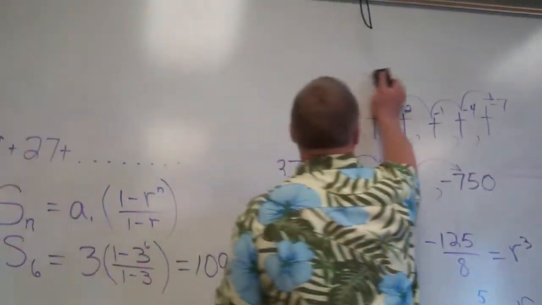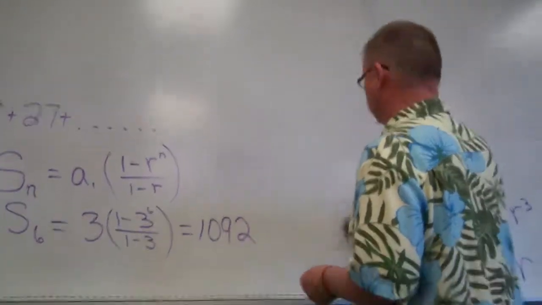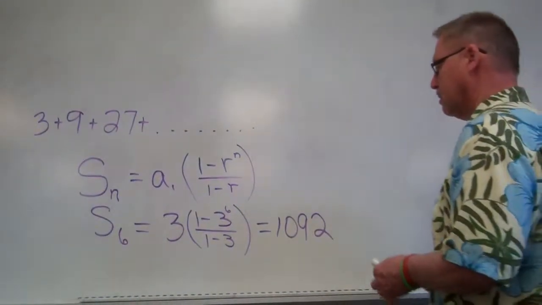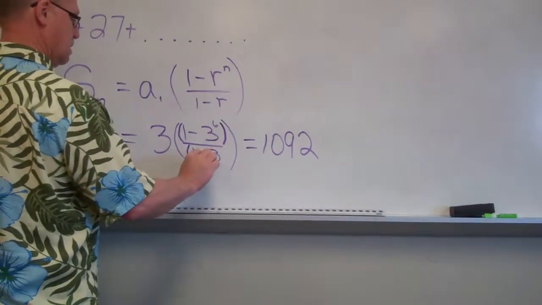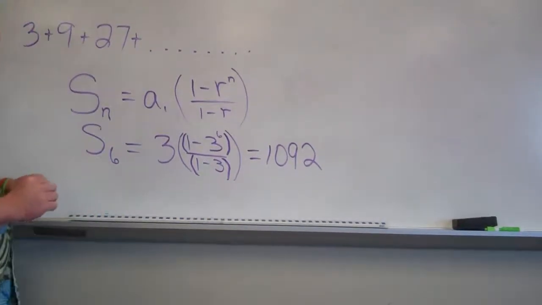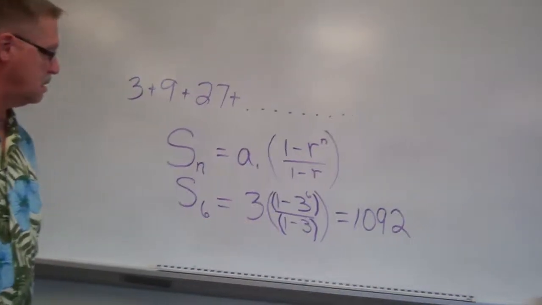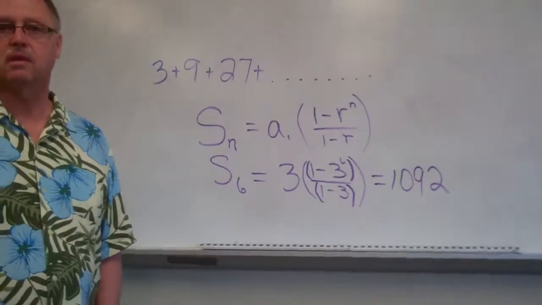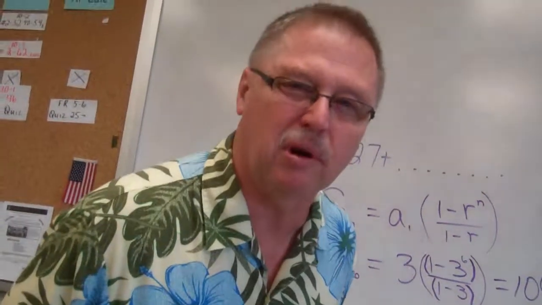I did not even get close. You didn't get your 1092? No, I didn't. You got 96. I got a negative 22. Yeah, so did I. Did you put a parentheses here, like that, or did you just put it? 7.8. 1 minus 3. They're still trying to get their parentheses right.